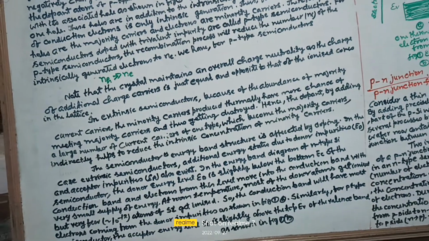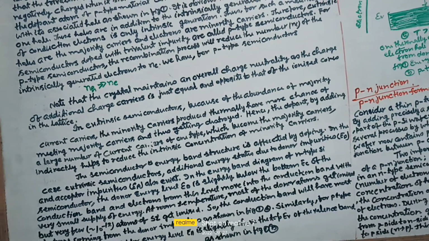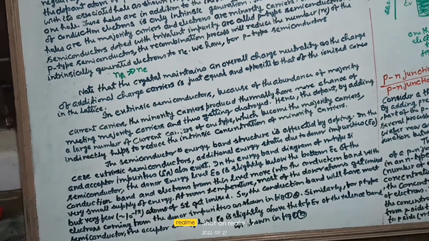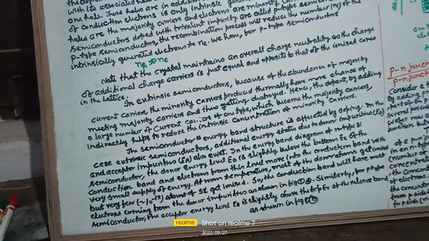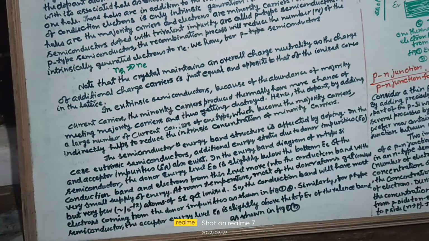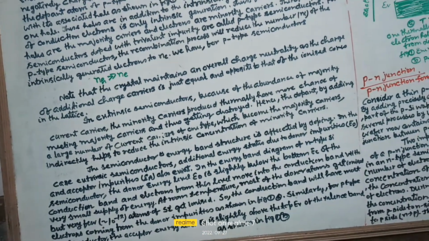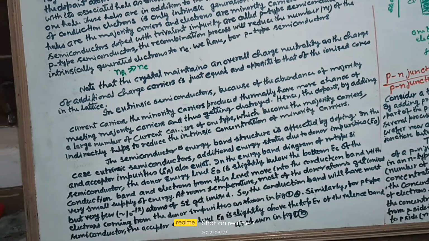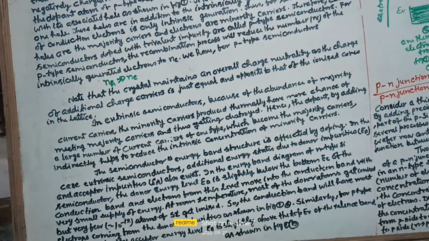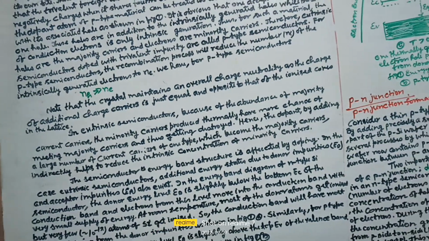At room temperature, most of the donor atoms get ionized, but very few silicon atoms, near about 10 to the power minus 12, get ionized. So the conduction band will have most electrons coming from the donor impurities, as shown in figure 1a.